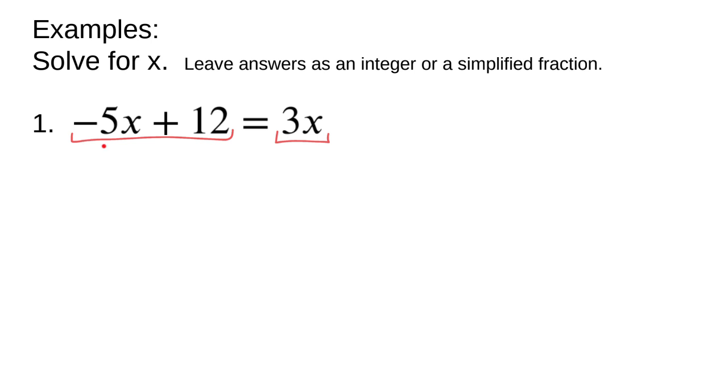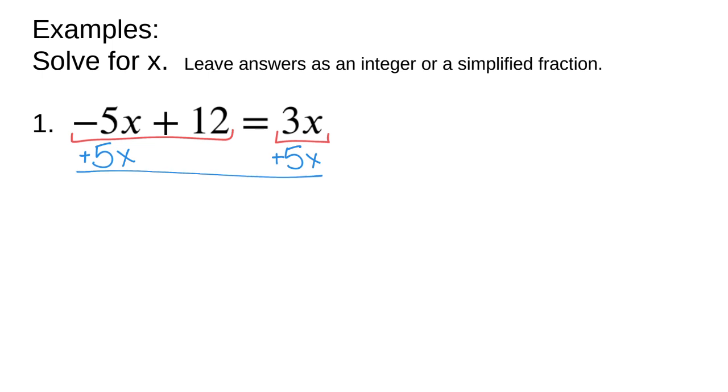So that means this negative 5x is who I think I need to move first. Now, I'm not trying to separate the negative 5 from the x. I want to take that whole term, negative 5x, and move it to the other side. And the way we move entire terms is adding and subtracting. Since it's a minus or negative 5x, the opposite of that would be plus or positive 5x. And what you do to one side, you have to do to the other.